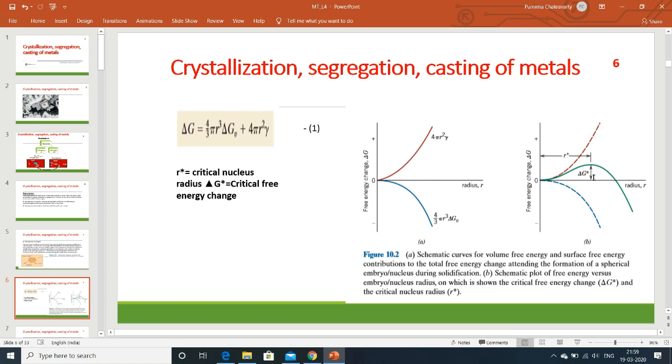Whereas if a cluster has a radius more than r star, it is termed a nucleus, and it will tend to grow spontaneously.